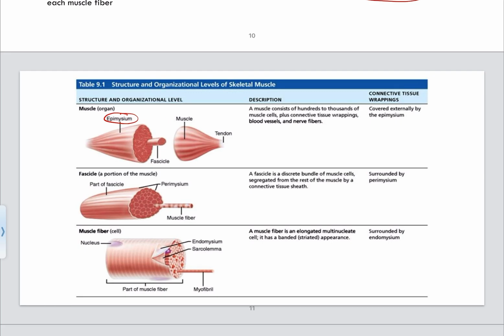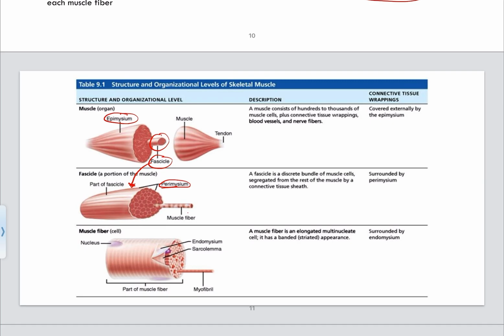Within an entire muscle or a whole muscle, we have those groupings of muscle fibers called a fascicle. So that's what's shown right here, one fascicle. And now we're taking that fascicle and that's what we're looking at right here. So we have part of a fascicle, which is going to be wrapped in the perimysium connective sheath right there.